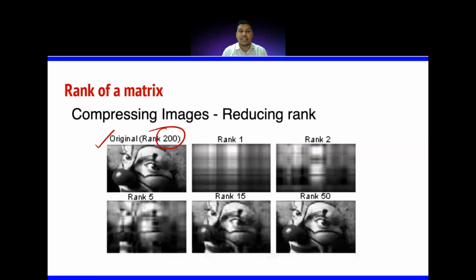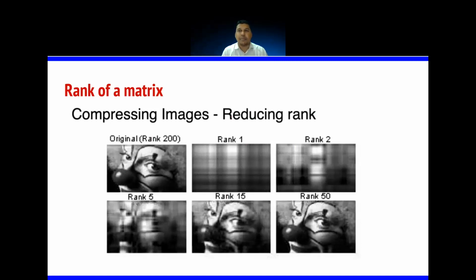If the matrix rank is 1, it has very sparse values. Values are very, very few. So in image processing, we need to know about the rank of the matrix. Sometimes we reduce the rank, sometimes we increase it, and we find the rank of the matrix. We'll see that. Generally there are multiple definitions of rank of a matrix, and how to calculate it we'll see when we solve everything.